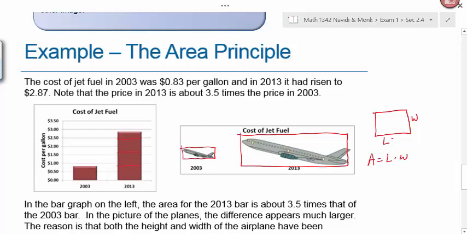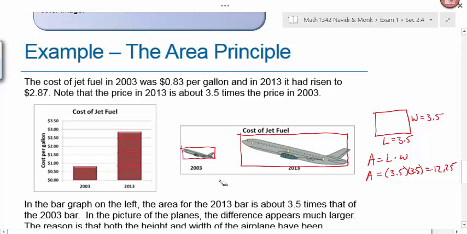If the length has increased 3.5 times, and the width has increased 3.5 times, when I find the change in the overall area, I would do 3.5 times 3.5, which gives me 12.25. That means that according to this visual representation, we've got more than 12 times the difference when just looking at the area of the picture, and that's misleading.